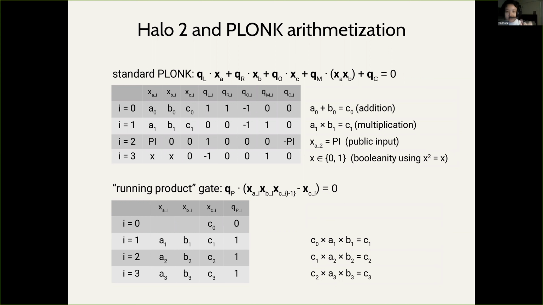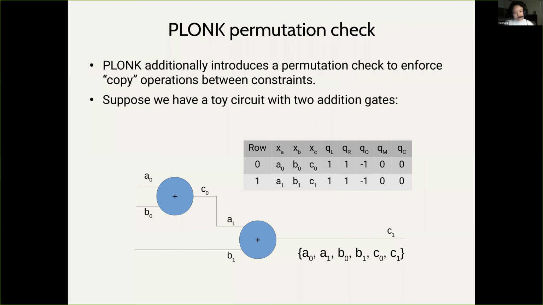The running product gate has a QP selector that's wrapping it, so we could easily add that into standard Plonk and turn it off and on by changing the value of QP. So yeah, that's Plonk. The point is that these can then be expressed as polynomials.